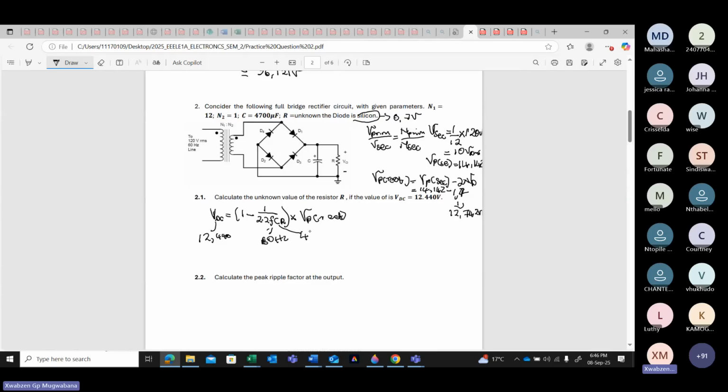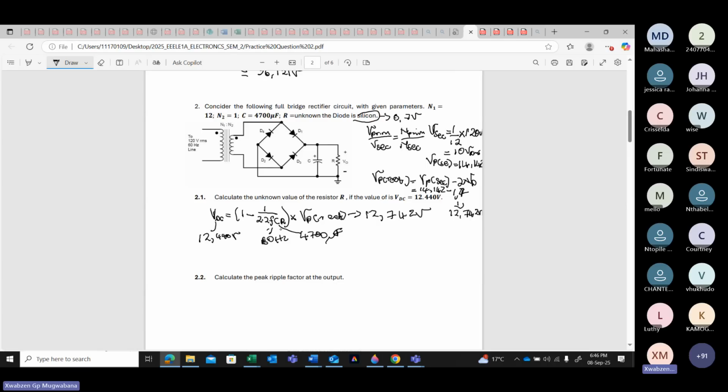It's 4,700 microfarad, which means the only thing which is missing is your R. Remember, your rectifier you have already determined, which is 12,742 volts, so the only thing missing is for you to find R.